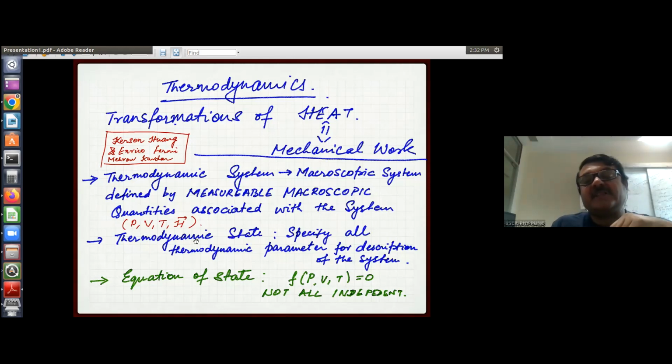So a macroscopic thermodynamic state is defined when we can specify all the thermodynamic parameters for the description of the system. And you also have the equation of state, which states that all of these quantities are not independent of each other. So if you change temperature, then pressure and volume will change, and so on and so forth.